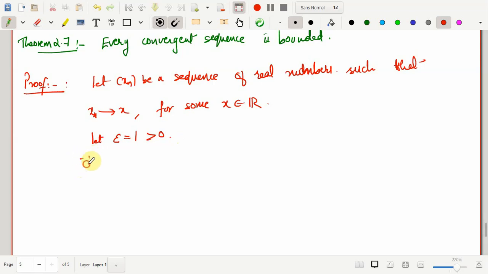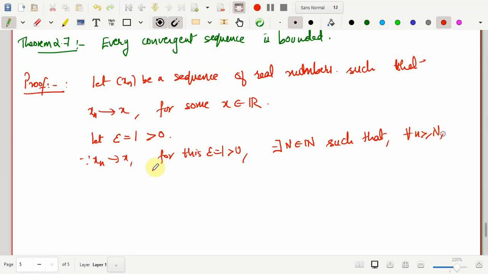So since xn converges to x, for this epsilon equal to 1, which is positive, I'm able to produce a natural number N such that for all n greater than or equal to N, we have mod of xn minus x strictly less than epsilon, that is 1.